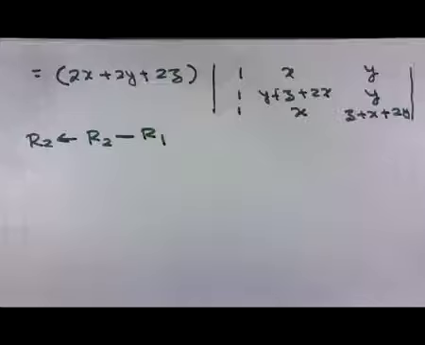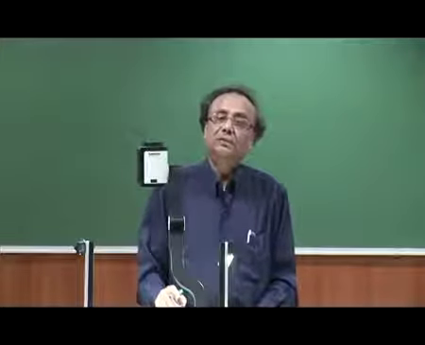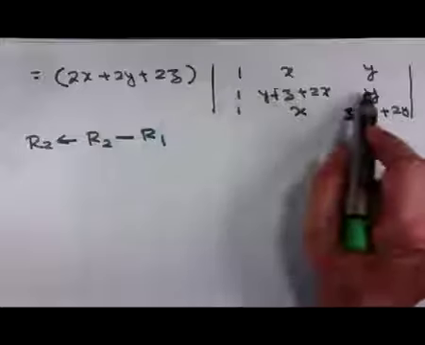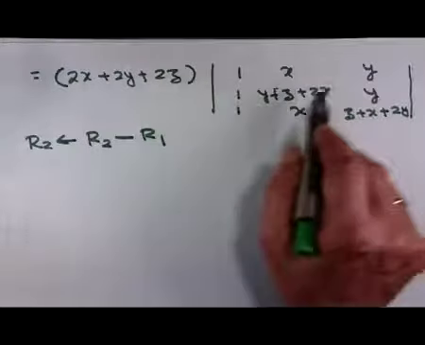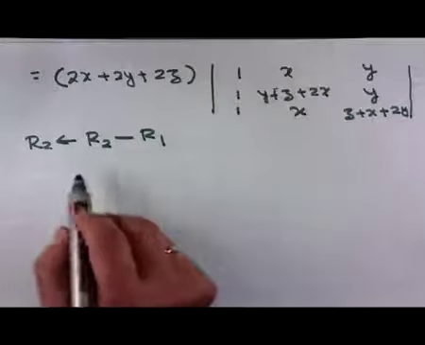Just now we have shown that if one row is replaced by a constant times another row plus that particular row, then it does not change the determinant. So what am I doing? I am replacing row 2 with row 2 plus minus 1 times row 1.